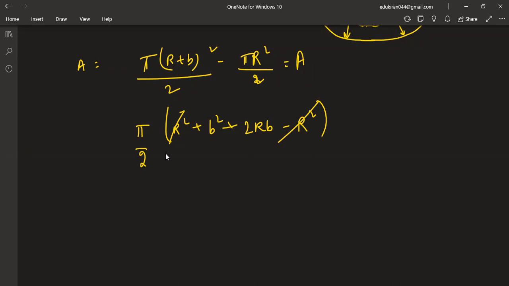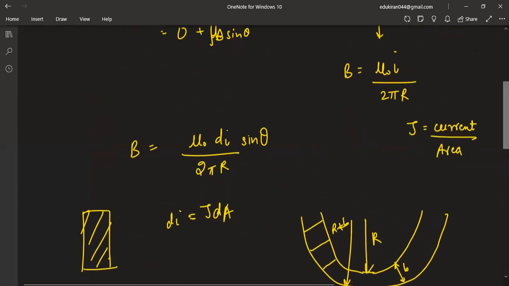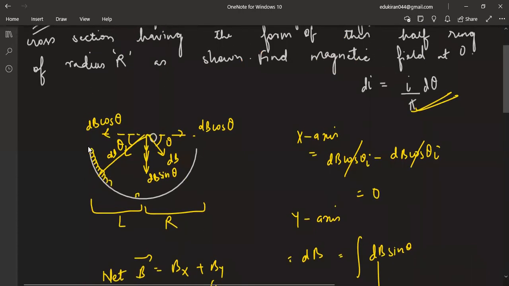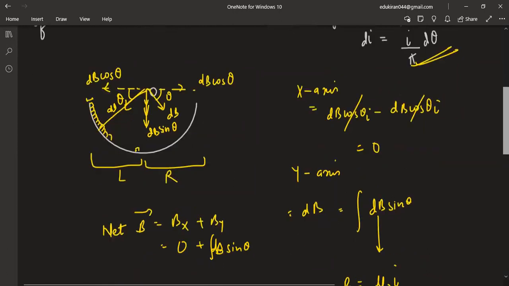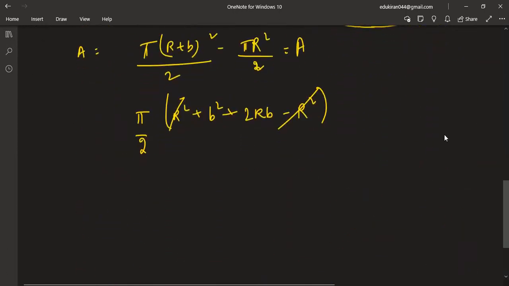Now see, the thickness b which we are considering is very small. This is so small that it is not given even for the wire. The radius is this, and this is a very narrow thickening that we have taken. So even if you square it, it's something like 0.0001 centimeters thick.